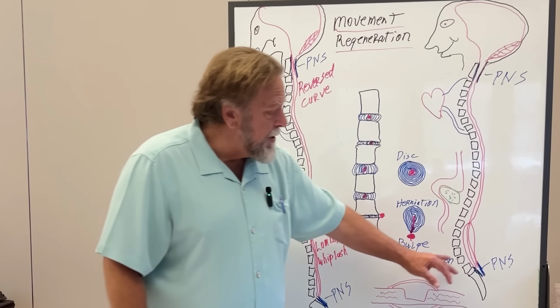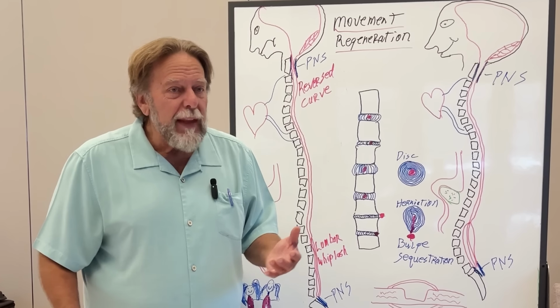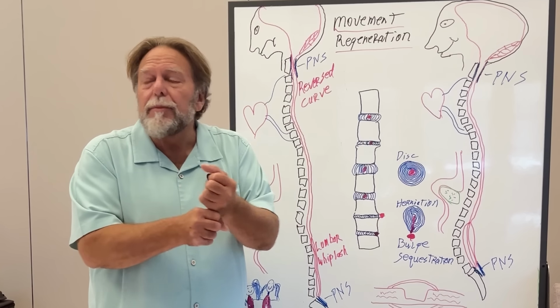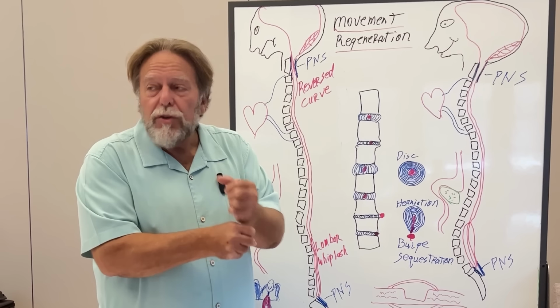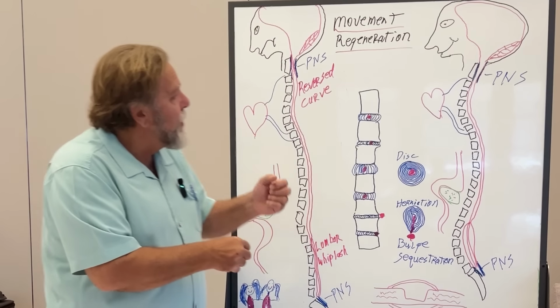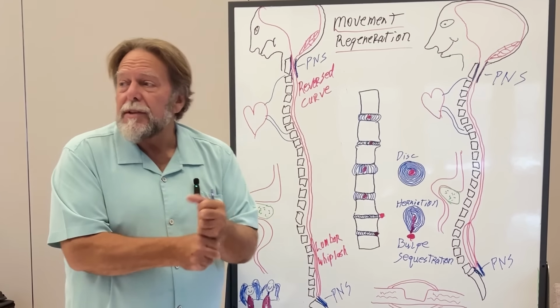Blood vessels on these discs would be compressed, crushed. That's why these discs get their nutrients from movement. The correct movement brings the correct nutrients to that disc. So if you alter movement, you're altering the nutrients to that disc.